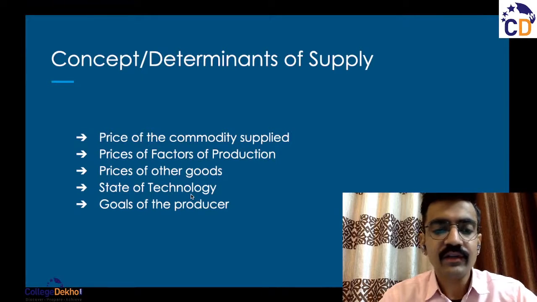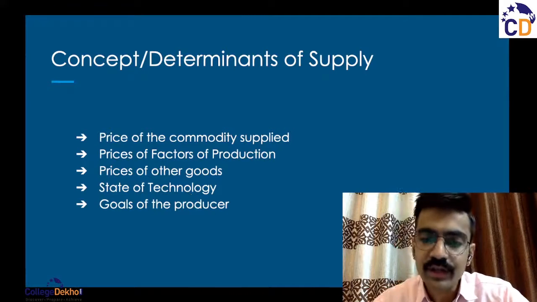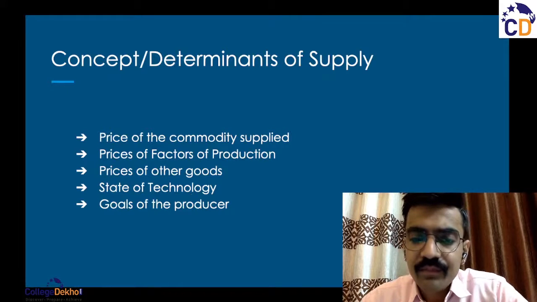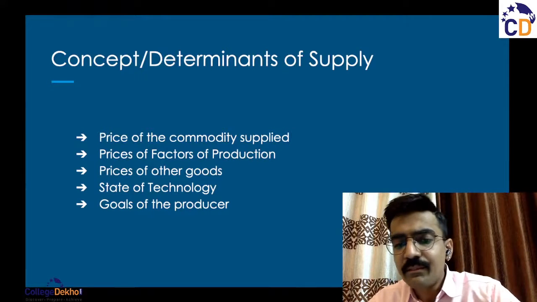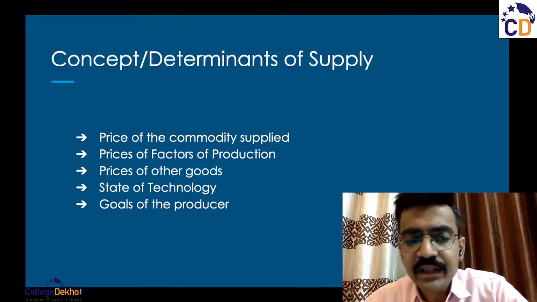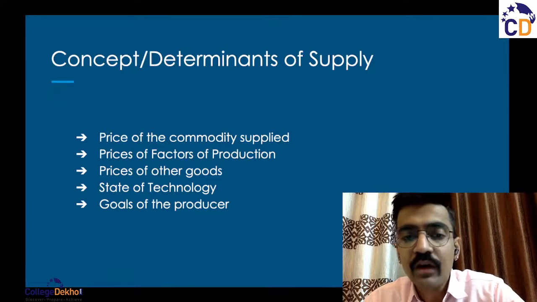Then the next one is the state of technology that exists in the economy or in the business. So again, the improvement in these methods of production ultimately leads to lower costs of production. How?